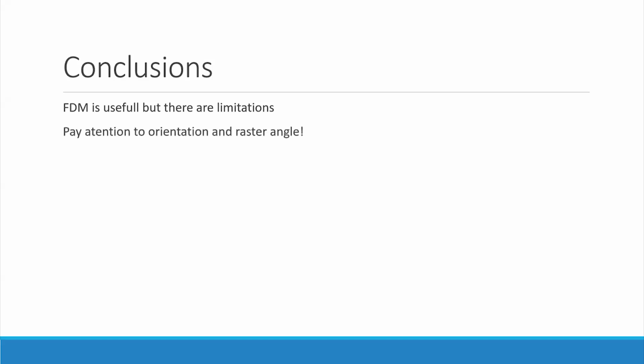Engineers must pay attention to the orientation and raster angle, which is shown in this presentation. Short carbon fibers enhance structural integrity up to 900%, and in the best performer case for PETG, 200%, but is it enough? Probably not.